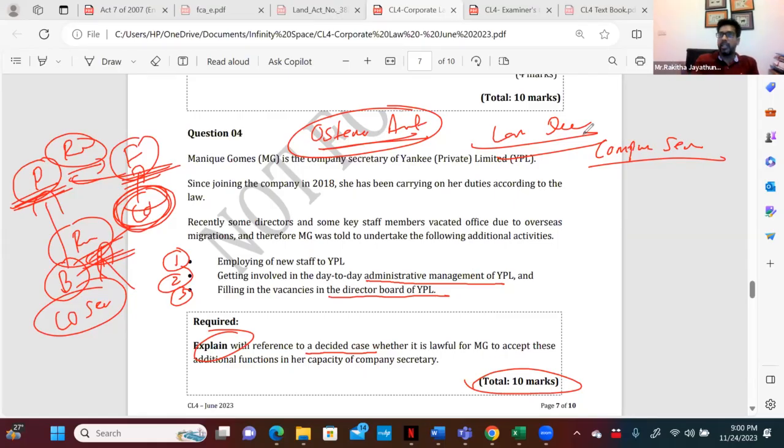When you're buying a land, when you're selling a land, if a director is not there, the company secretary can sign. So he is a superior officer of the company. Therefore, a company secretary has administrative powers, is not a mere peon or clerical officer of the company.